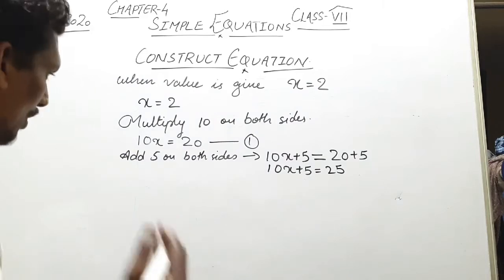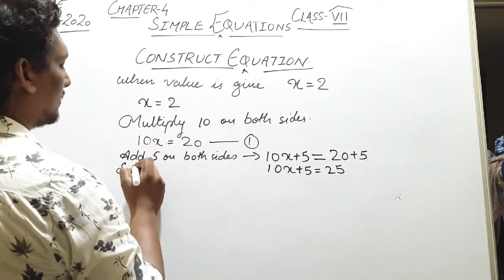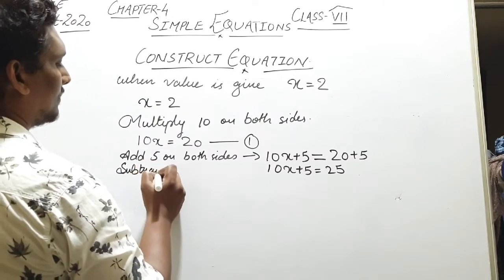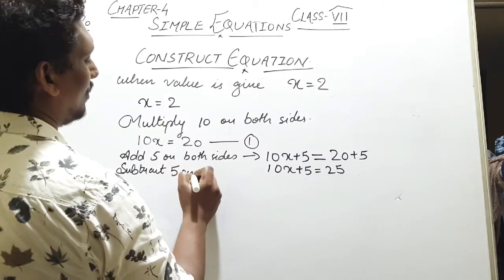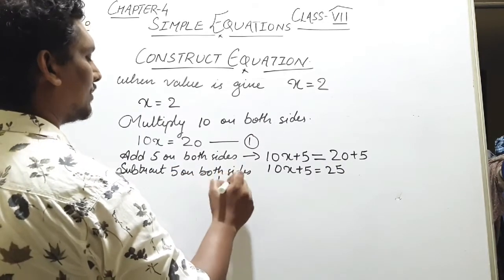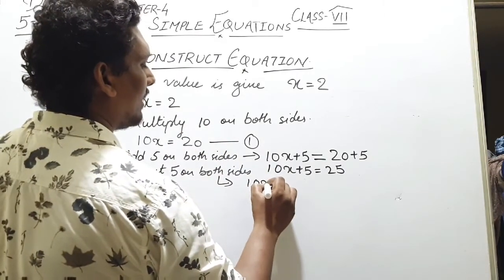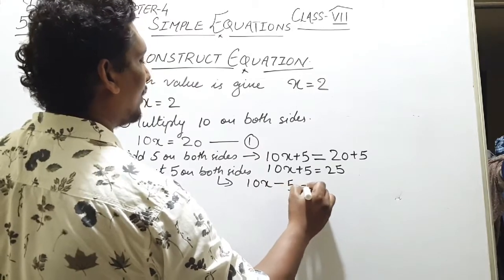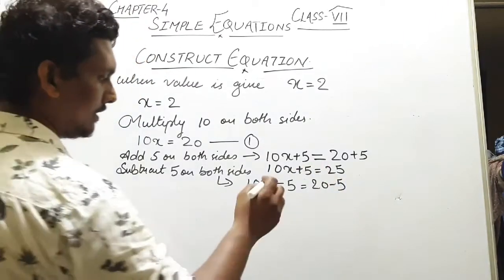Or if you want to subtract 5 on both sides, this is another equation, right? So here 10x minus 5 is equal to 20 minus 5, right?